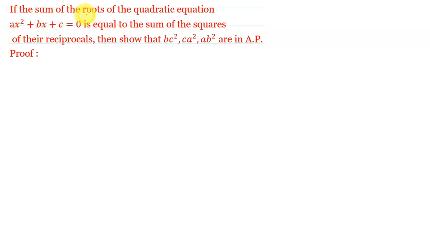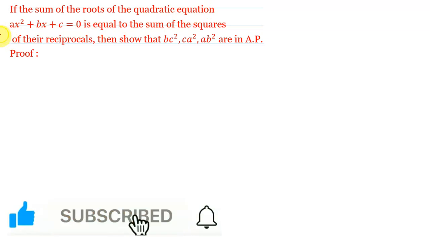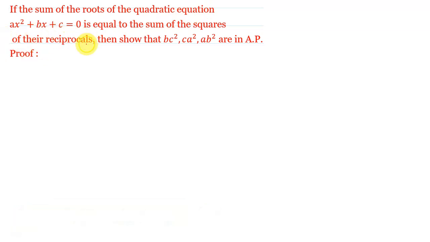If the sum of the roots of the quadratic equation ax square plus bx plus c is equal to the sum of the squares of their reciprocals, then show that BC square, CA square, AB square are in AP.